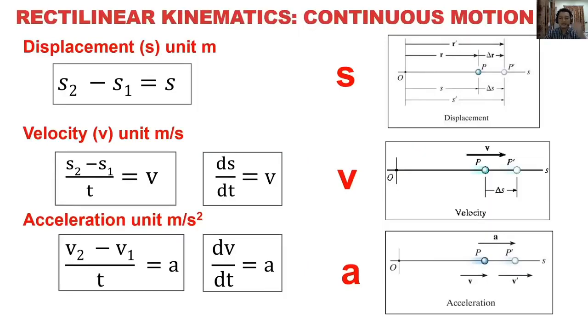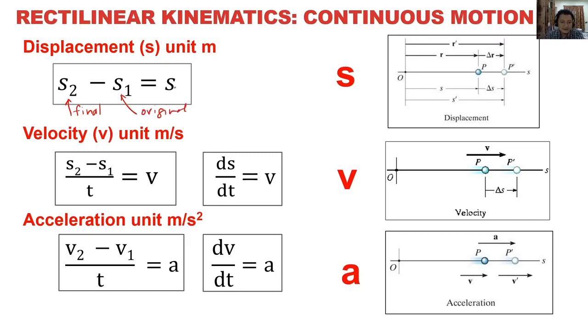So let's look at certain derivations. When you are looking at properties of motion, you have displacement. It is basically the final location minus the original location.